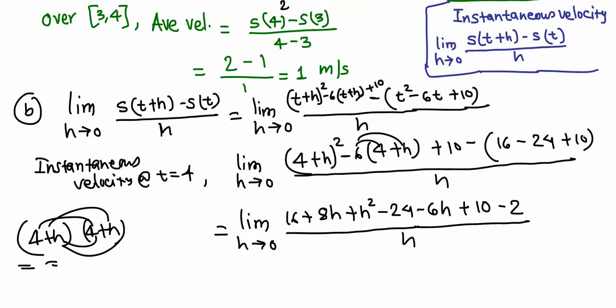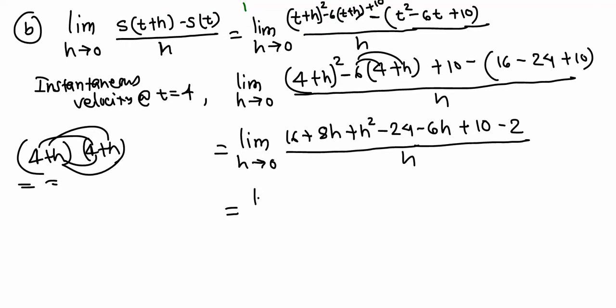Which is limit h goes to 0. Inside here now 16 plus 10, 26, minus 24, minus 2, minus 26. So positive 26, minus 26 cancel. Then we have now 8h minus 6h, 8 minus 6, so 2h plus h square.